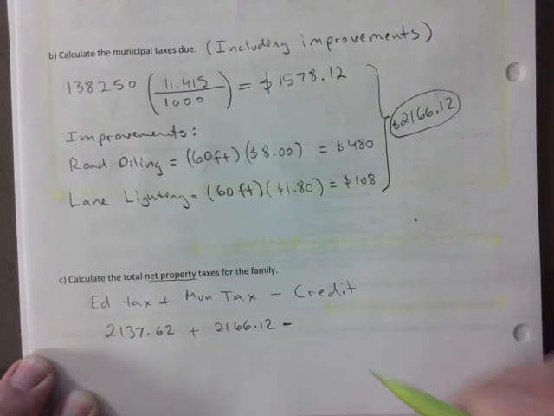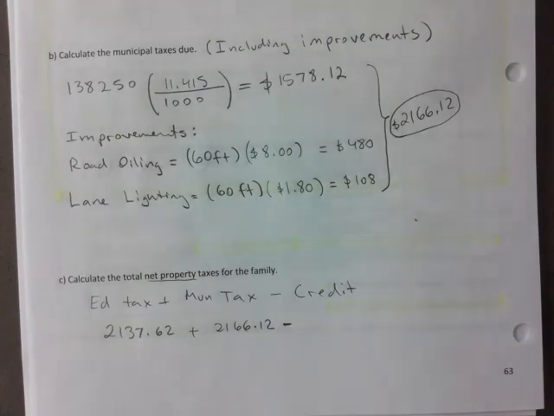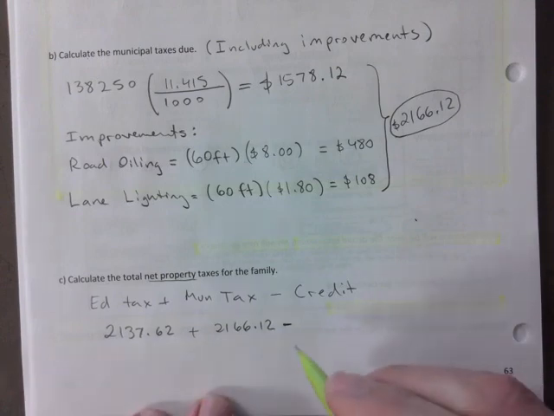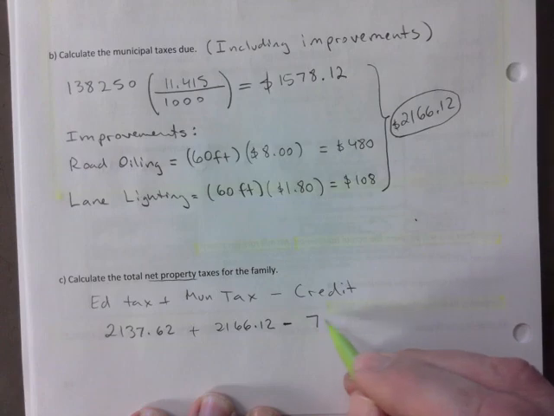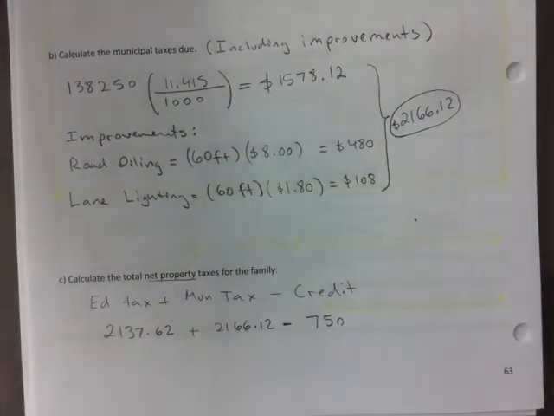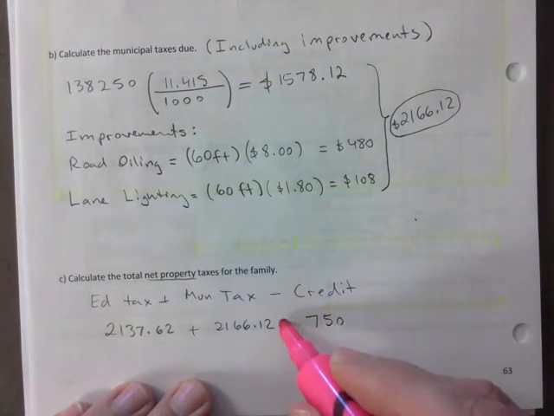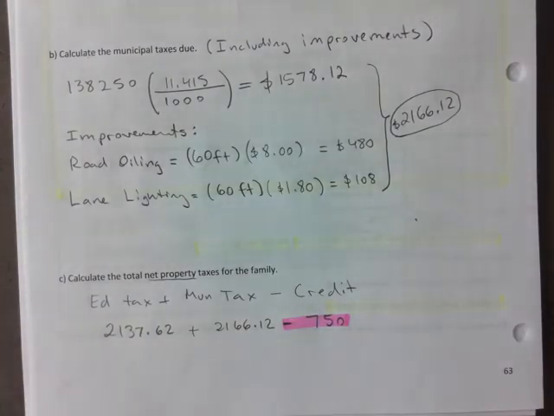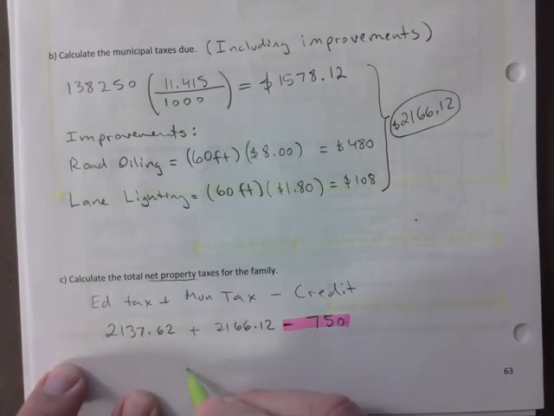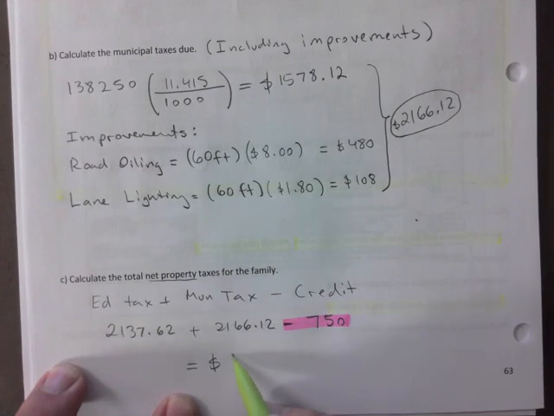If there are no credits, folks, then don't worry about it. Okay, if they don't mention a credit, that means that there is no discount. So you go minus, in this case it's 750. Okay, that's this one. I highlighted it with pink earlier. So I'm going to use the same one. And if you do this, you get a grand total of $3,553.74.